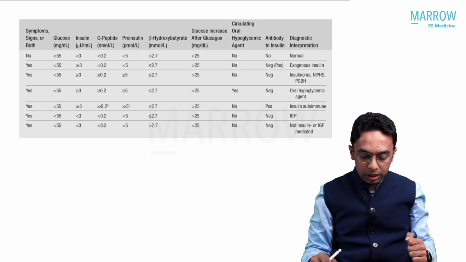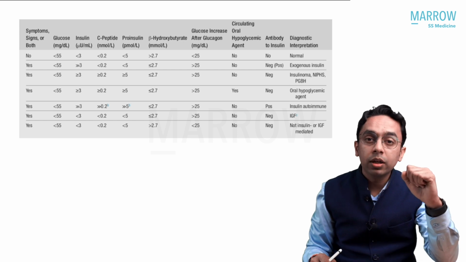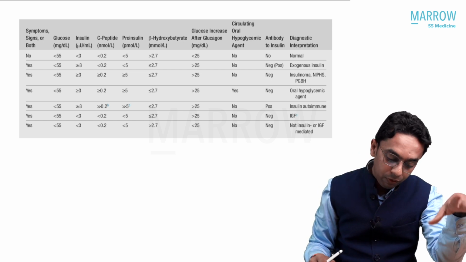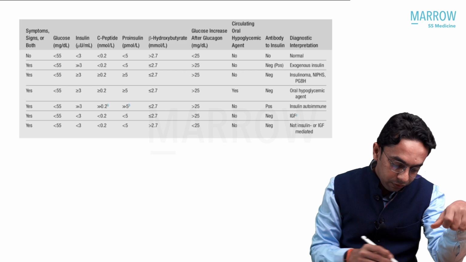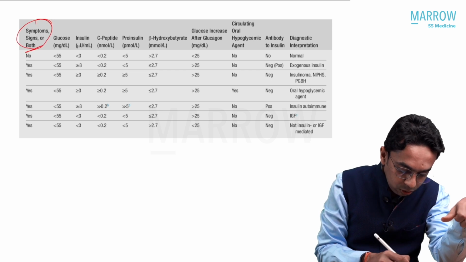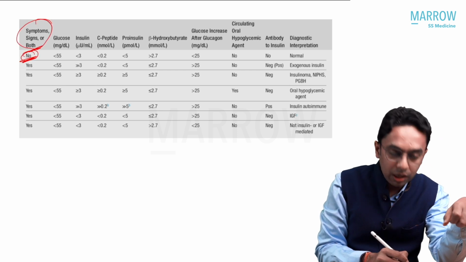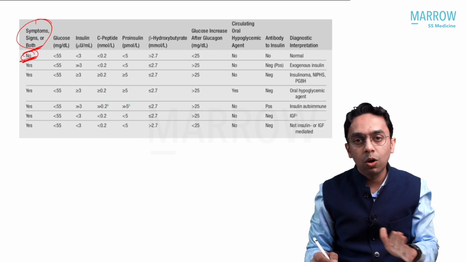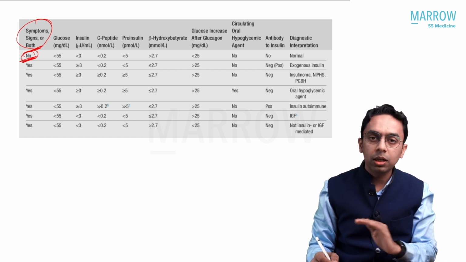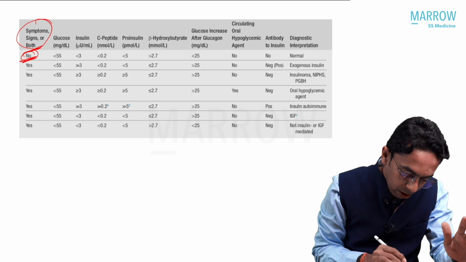Coming to this chart, this is very, very important. This I have taken from Williams. So see, first, if there is no sign and symptom of hypoglycemia, that means your Whipple's triad is not satisfied. No need for further workup, nothing to do. Just leave it. Okay.